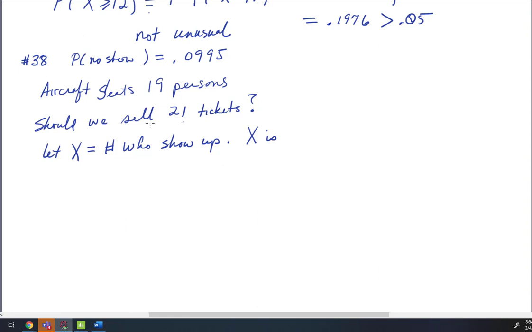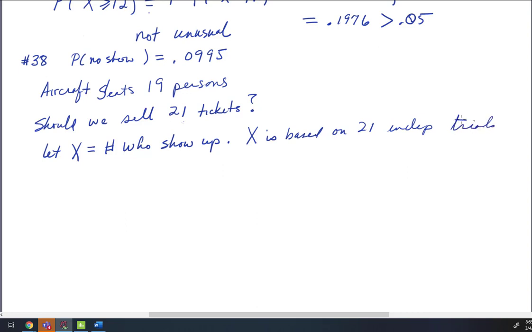Why would a husband and wife not show? Oh, a sick child, or mad at grandma right now and don't want to go see her. So, not quite independent, but probably close enough to independent that we can just make the assumption. So we would make that assumption, and it looks like X is based on 21 independent trials.